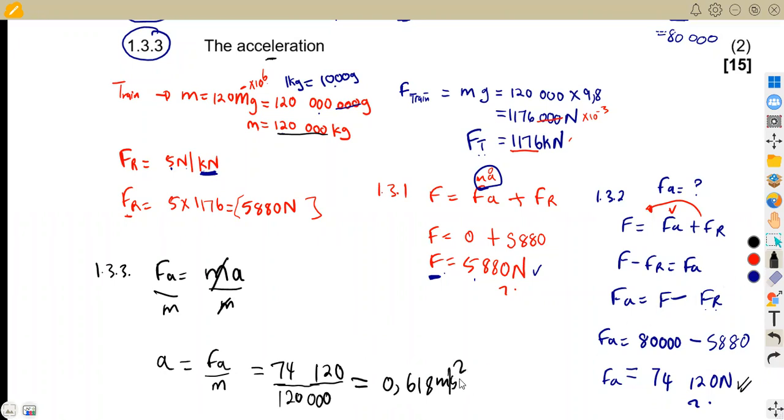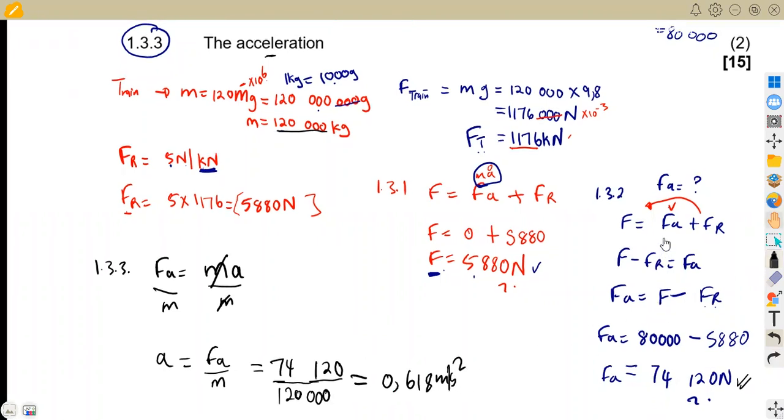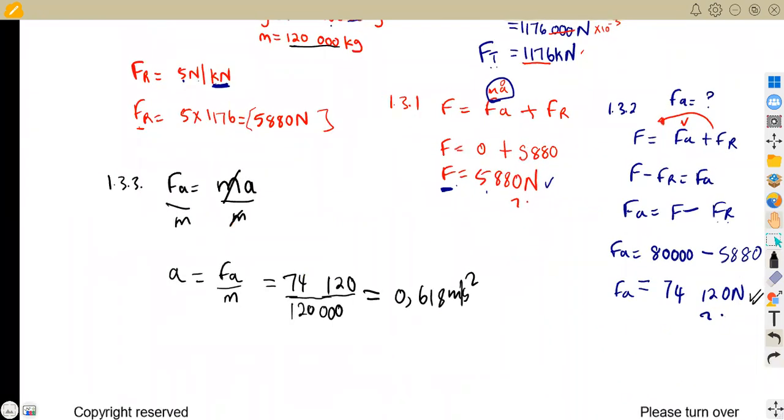So that is going to be the resultant acceleration. Therefore, our acceleration is equal to 0.618 meters per square second, or you can write this as 0.618 meters per second squared. It's one and the same representation.